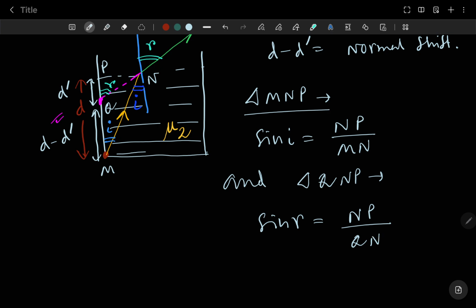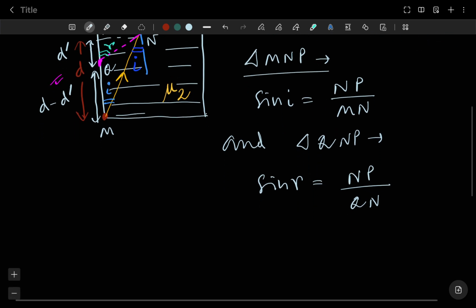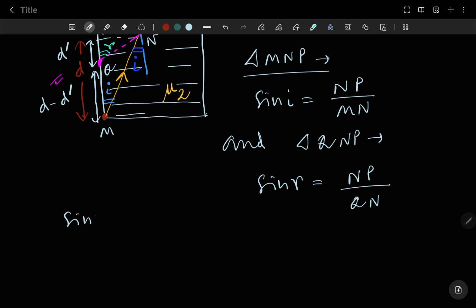Okay, fine. Sine R is NP by QN. Okay. So if I divide these two, sine I by sine R will be NP and NP gone, it will be QN by MN, right?